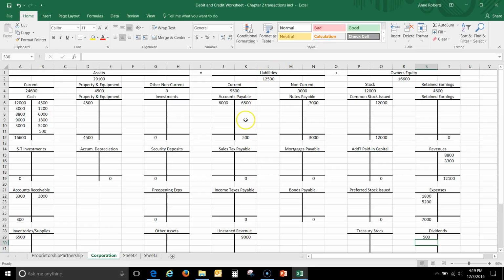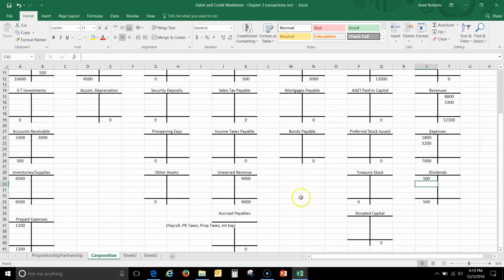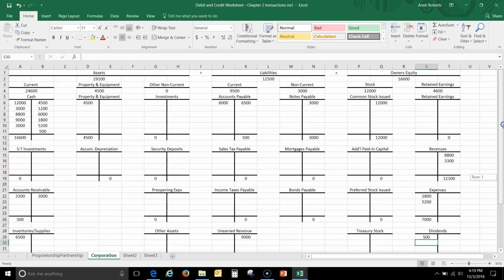Then we come over here to the liability section. We've got $500 in accounts payable. We've got $9,000 in unearned revenue, right here. Then we have a $3,000 note payable, and a $12,000 common stock balance.